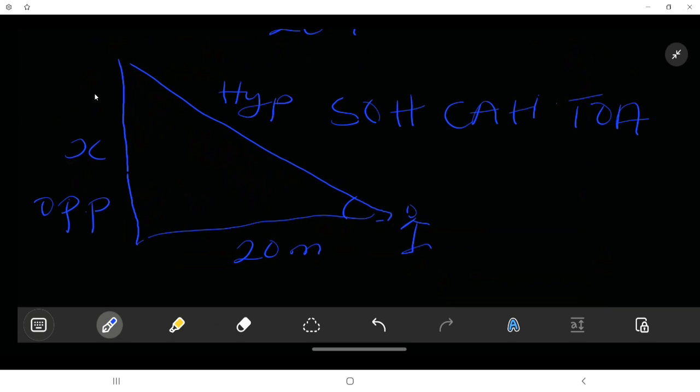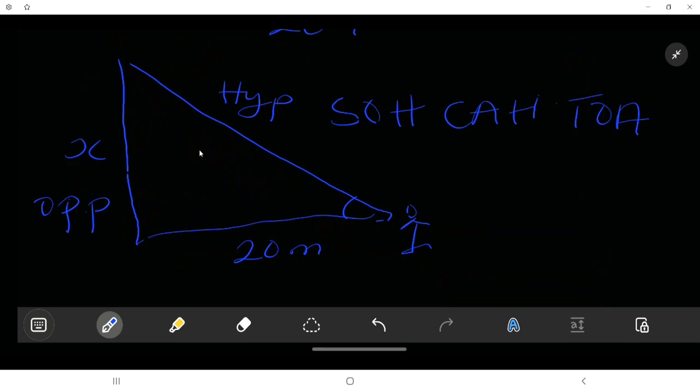So let's continue. We're going to look for a formula that has to do with the opposite and adjacent, because those are the two things we're looking for. Here's our opposite and here's our adjacent. We don't have any business with the hypotenuse. Which formula here has to do with opposite over hypotenuse, adjacent over hypotenuse, and opposite over adjacent?